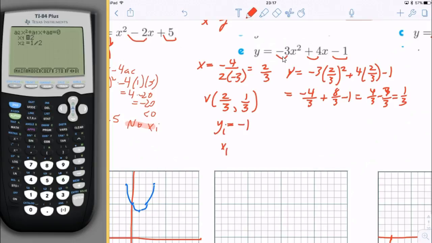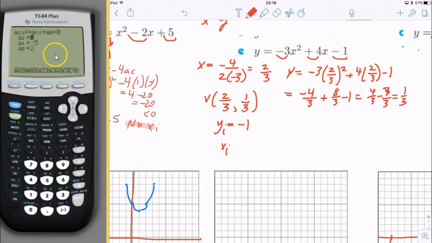What's the x-intercept? The x-intercept would be the roots of this equation, and we could use the quadratic formula. We've already had a lot of practice with the quadratic formula, so I'm just going to go ahead and do it with a calculator, okay? So I would do apps, or I could just go back to main here. So then I'll go polyroot finder, and then second order, next.